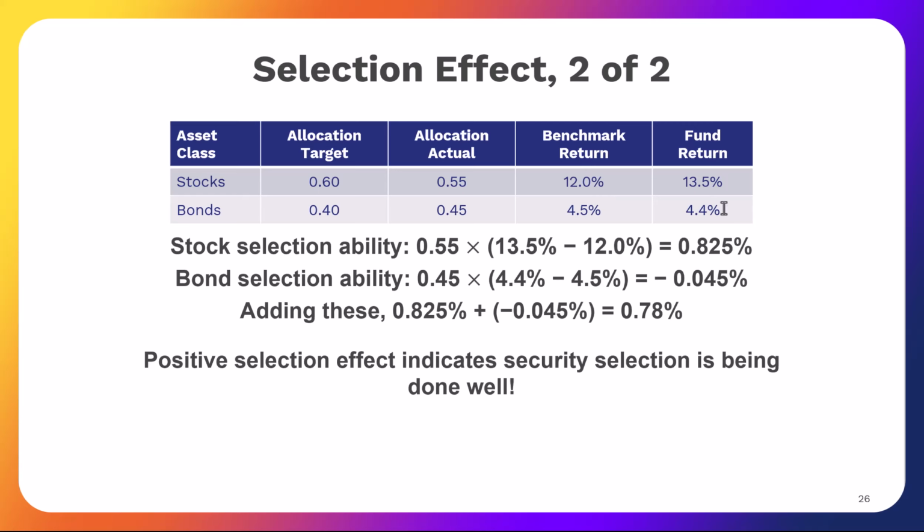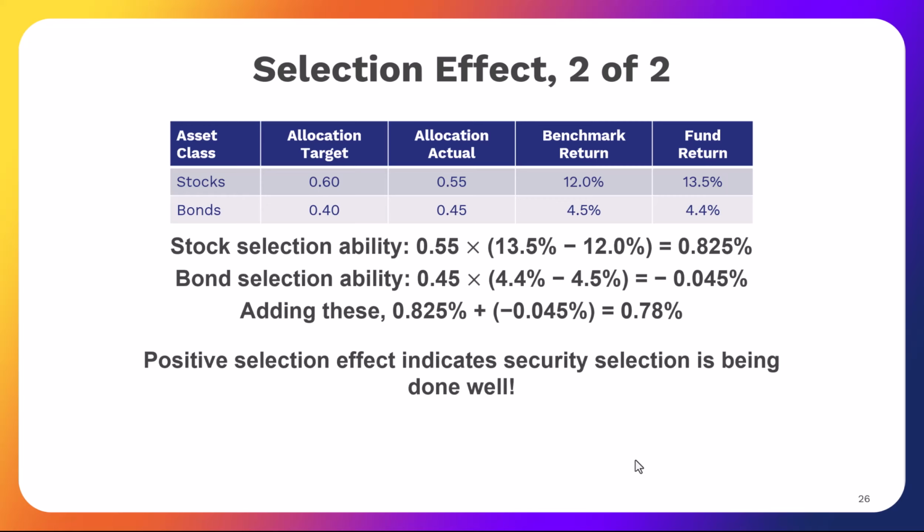So the fund itself, 13.5 and 4.5. So to find the selection basis, we take the actual allocation and we multiply that by the difference of the returns. In this case, we have 0.825 for stocks, negative 0.045 for bond selection. Add those together, we have 0.78.